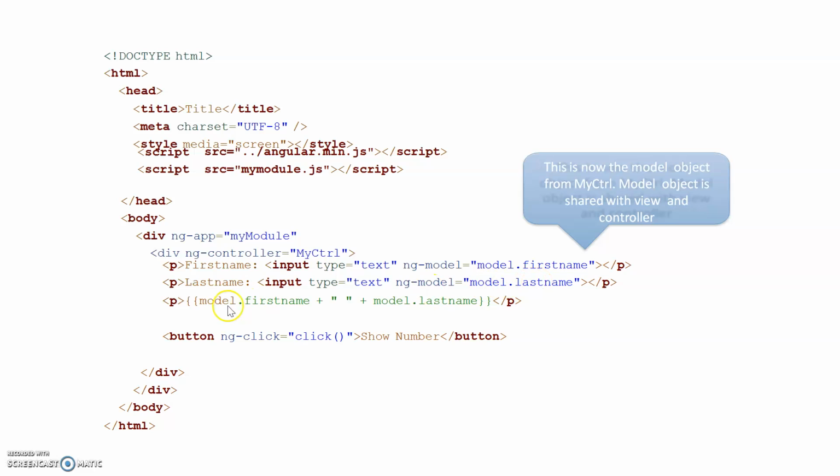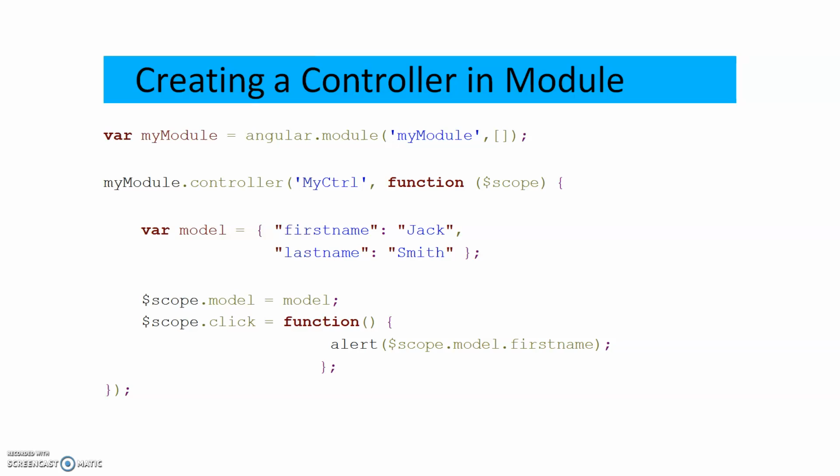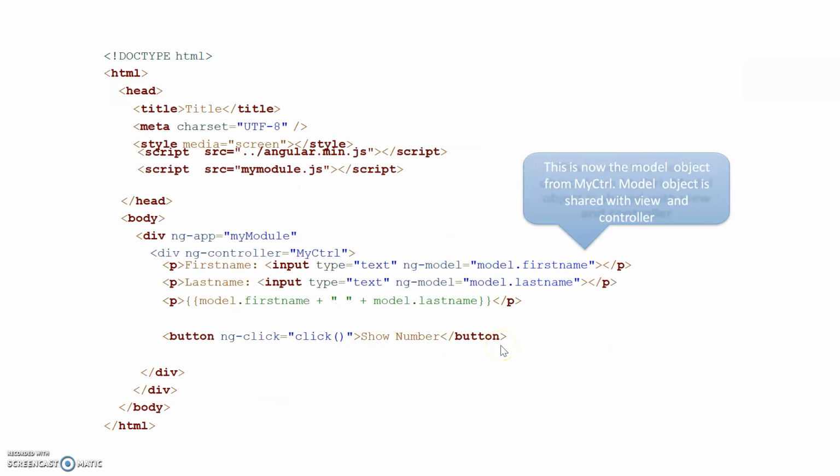Same with model.lastName. And here is the concatenation, first name and model.firstName is shown. When ng-click is the function which we have seen previously, that click function is defined and it is showing the alert window with the first name. So this is the way a controller can be created.